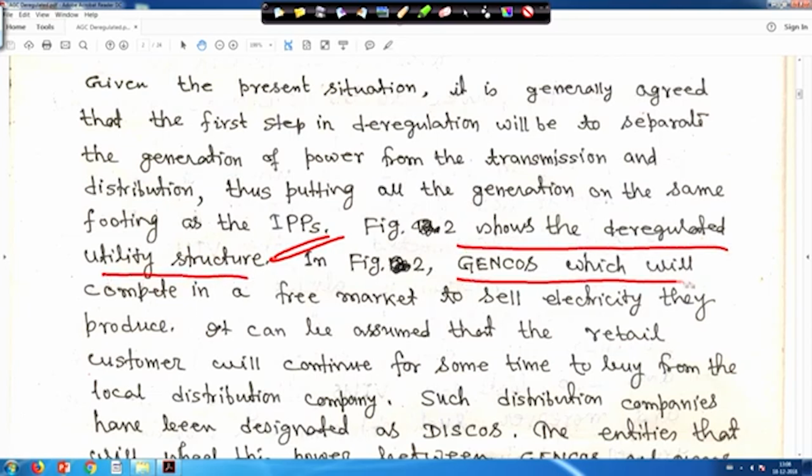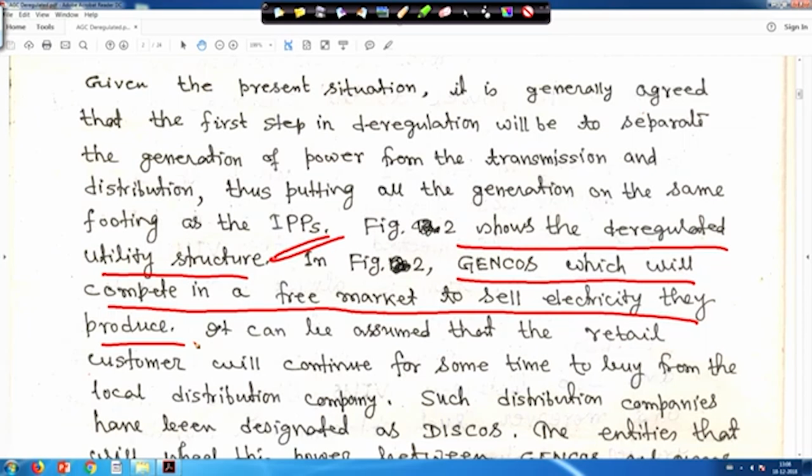In figure 2, generation companies we call GENCOs, which will compete in a free market to sell the electricity they produce. Actually, in this case, the generation company, transmission company and distribution company, 3 companies are there, right. That power wheeling will be through the transmission system.